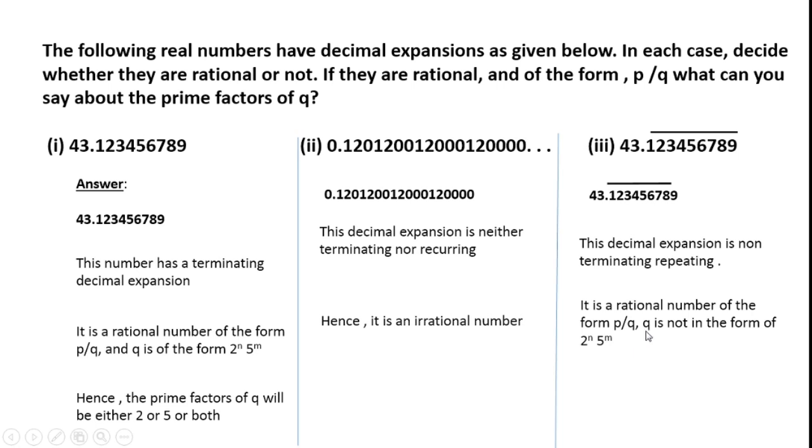But q is not in the form of 2 to the power n, 5 to the power m. If q is in the form 2 to the power n, 5 to the power m, it is a terminating decimal expansion. Here it is a non-terminating decimal expansion. So we can say that the denominator is not in the form of 2 to the power n, 5 to the power m. So the prime factors of the denominator q will also include factors other than 2 or 5.